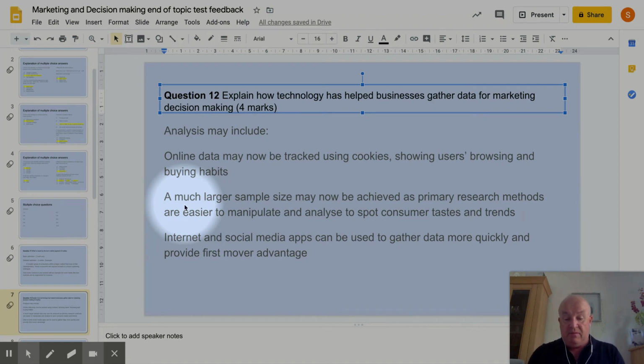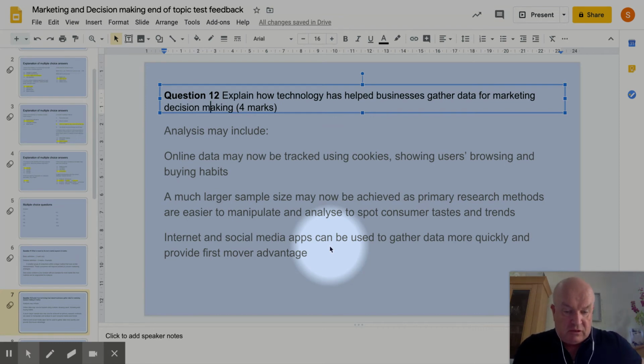Okay, when we think about the internet and social media apps, they can be used very easily to gather data more quickly. If we take ASOS as the example, which we've often quoted, they have the opportunity, because they've got such great links within Facebook and Twitter and various other social media apps, they can pick up data directly from their marketplace very, very quickly, and that allows them to move more quickly and get what's known as first mover advantage.